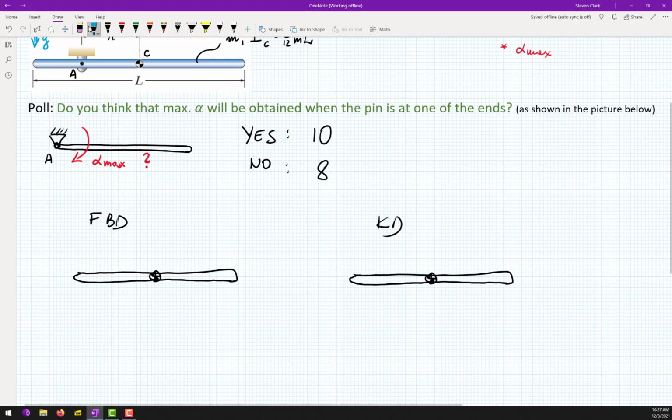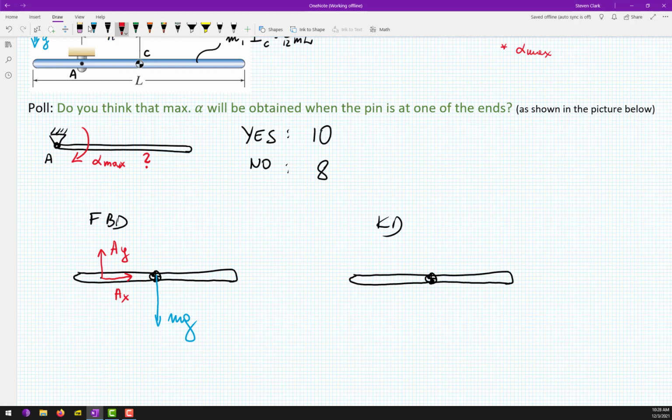We have mg acting this way, and we have reaction force at that pin. I usually name reaction forces after the name of the point, so it will be AY and AX. But you can name them however you want. So AY and AX. And that's all. There are no other forces.